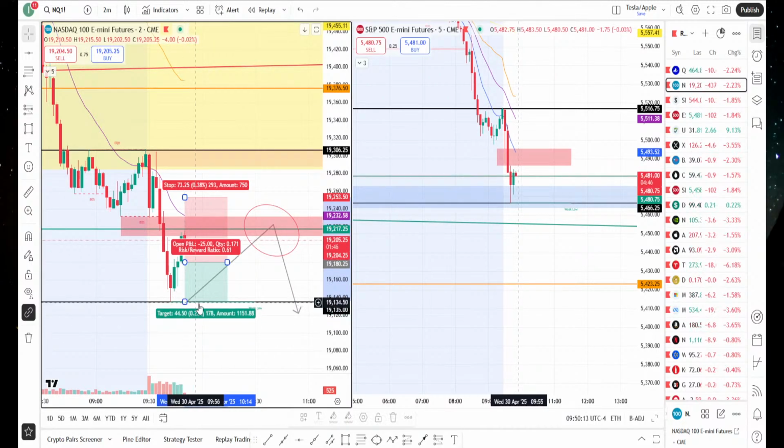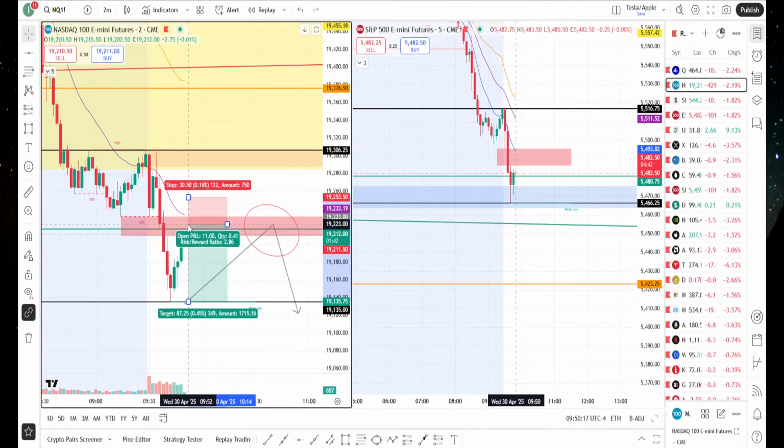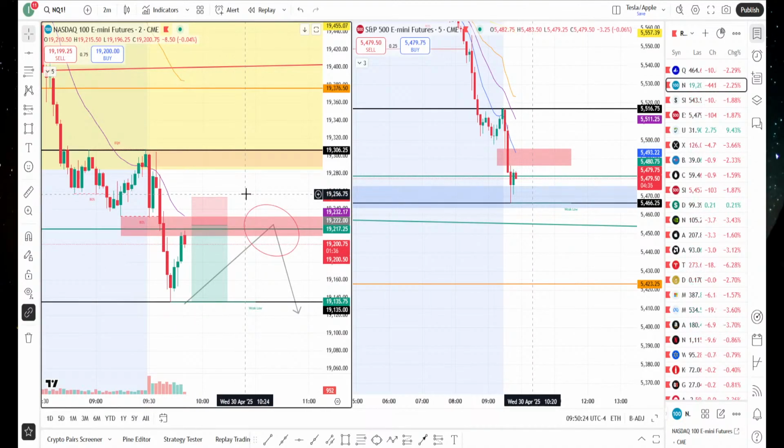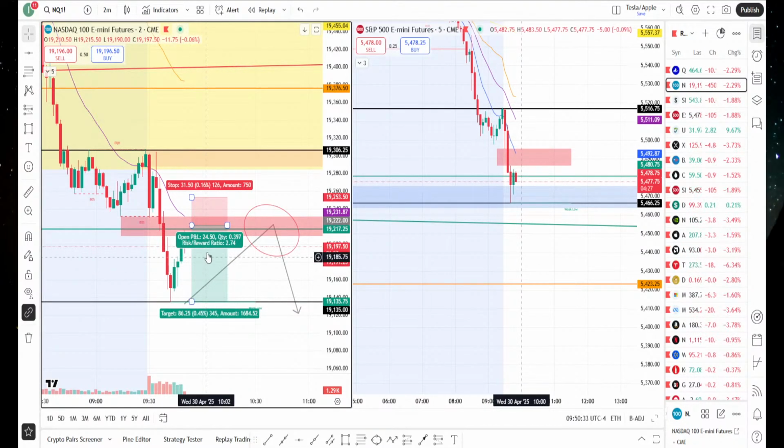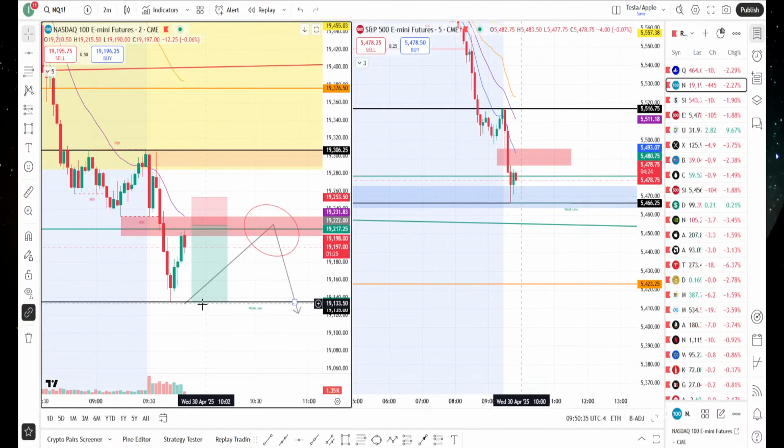And then you take profits. I'm trying to keep my risk as small as I can. I like to get in as close to this red box as possible if I was going short. Like I said, I want to see buyers be weak, sellers become stronger, and then I'll take my short.